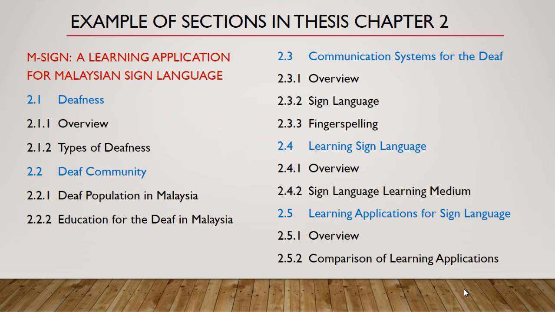So you can see that the way the sections are organized in this chapter 2 is that it covers from the most basic, the general things related to the domain area, which is the deaf people, and it zooms into the deaf community in Malaysia. Then it goes into how the deaf people communicate, what are the communication systems.